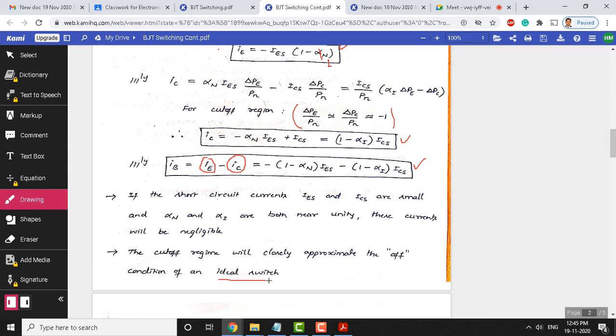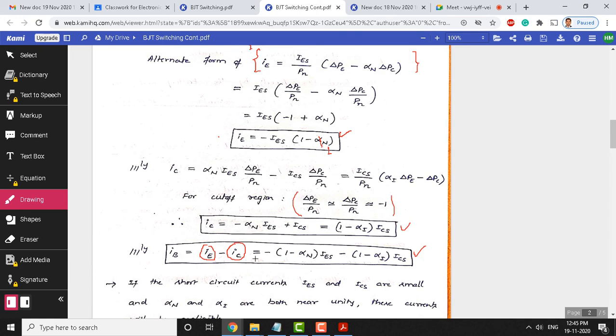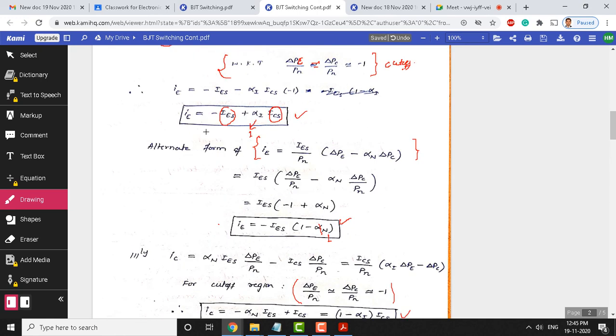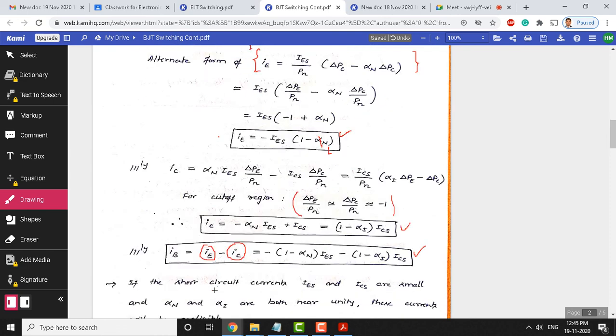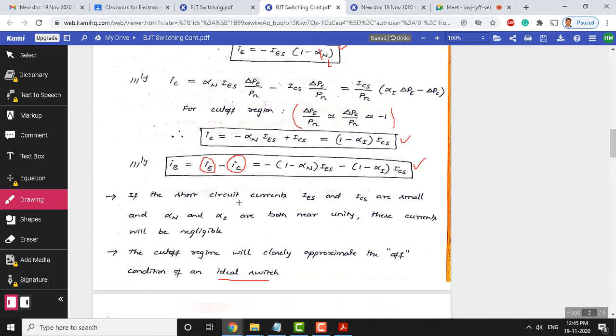Even in an ideal switch, when it is cut off, you don't expect any current. So the same situation we are also seeing here from this equation. So in the cutoff mode, since there is no emitter current, collector current and base current, the total current flowing in a transistor becomes 0. The current 0 indicates that there is an open circuit between the emitter and the collector. This is what happens in the ideal switch.